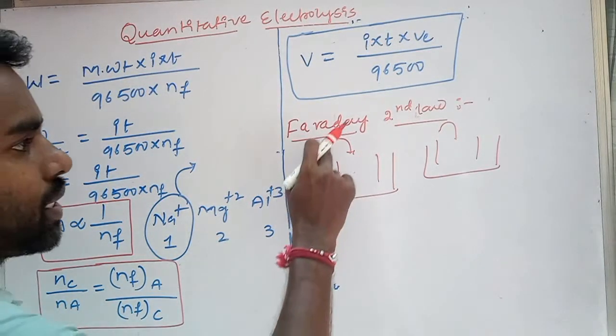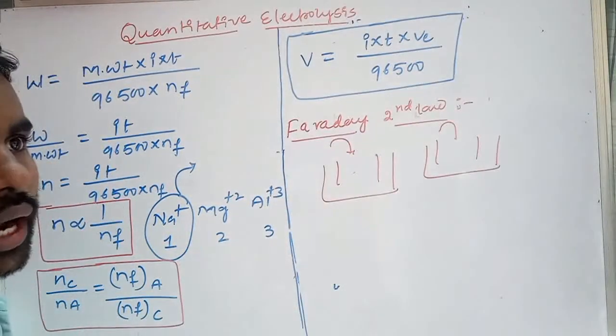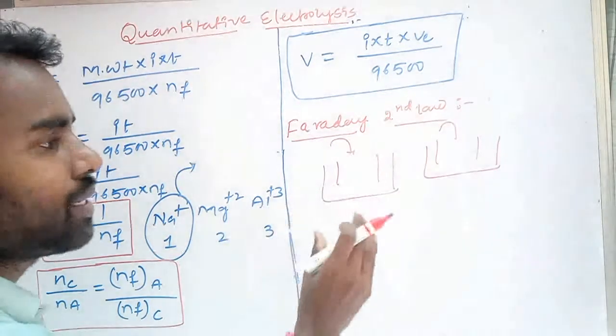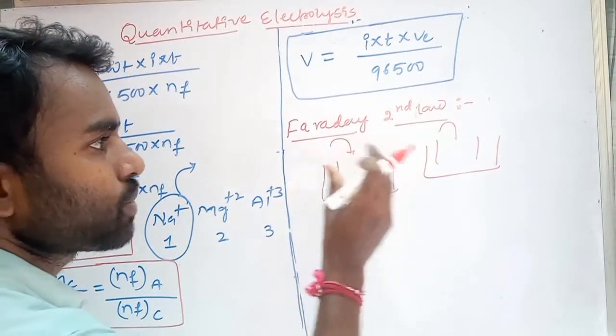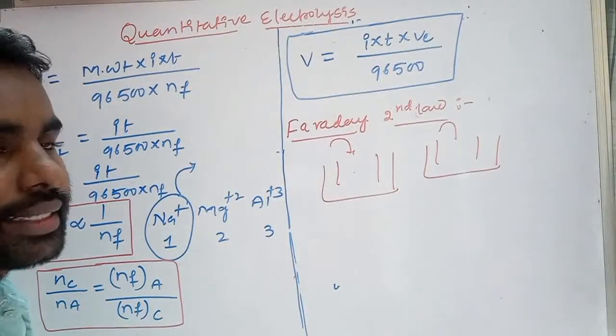So here we are passing the same quantity of electricity through different electrolytes, and the amount of the different substances is directly proportional to its equivalent weight.